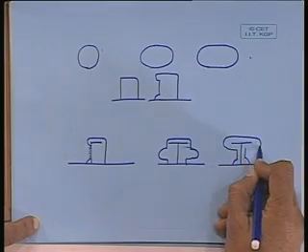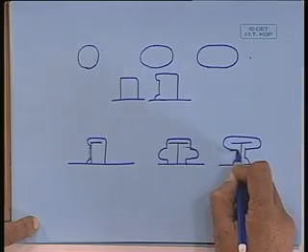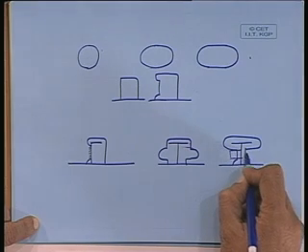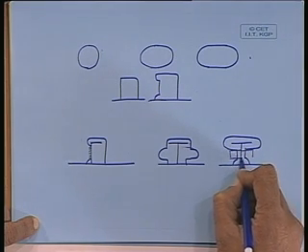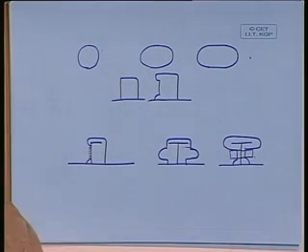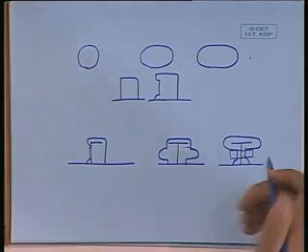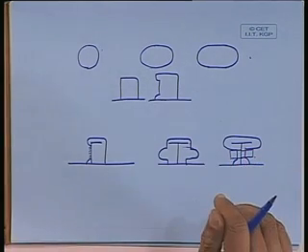If it is not like this, then one can go for this type of an opening, and then they will have a collar plate welded here. But this type of an opening will create a problem.